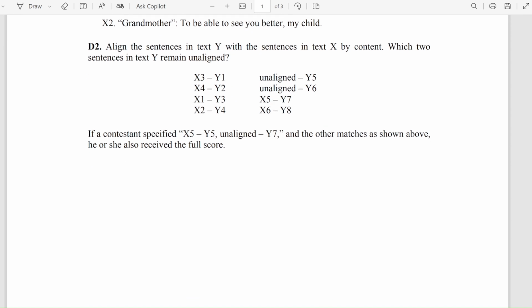D2, we got everything mostly right. If the contestant specified x5 to y5 and unaligned to y7, that also works. That was our answer. So again, this is mainly based off of what patterns you recognize. So maybe somebody else recognized the y5 and y6 being unaligned, whereas we recognized y7 being unaligned.